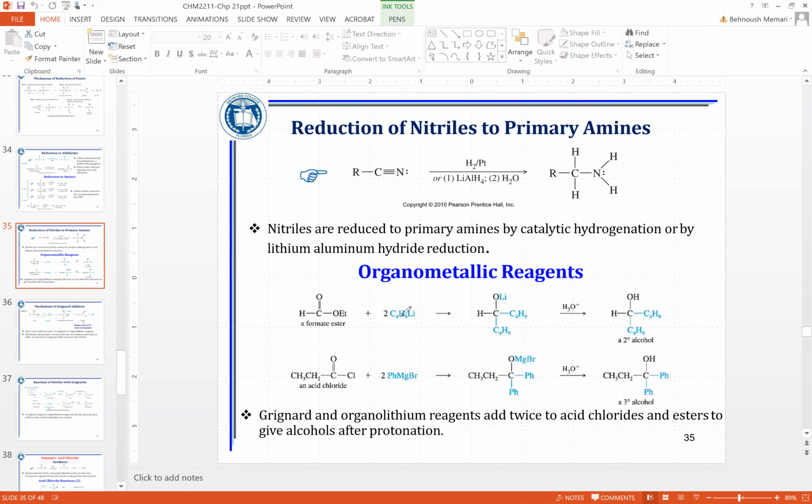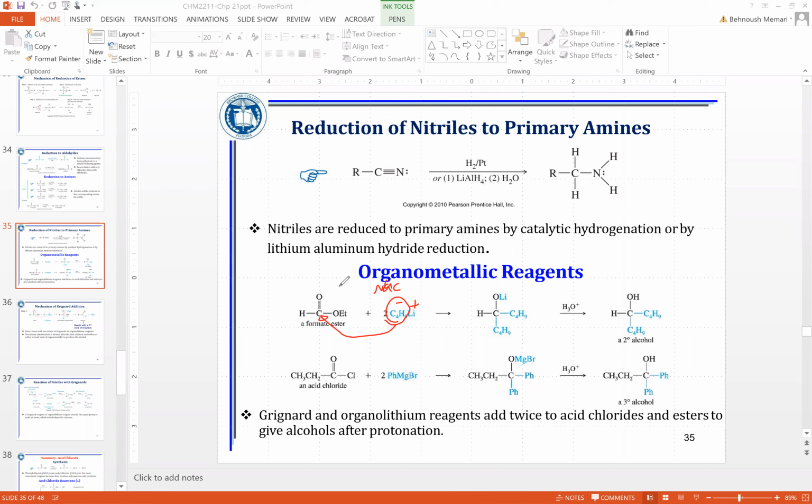So if you use 1 mole of the organometallic compound, what is unique is that the metal is positive and the carbon attached is going to be negative. So this alkyl group is going to act as a strong nucleophile and is going to form a bond with the carbonyl group.